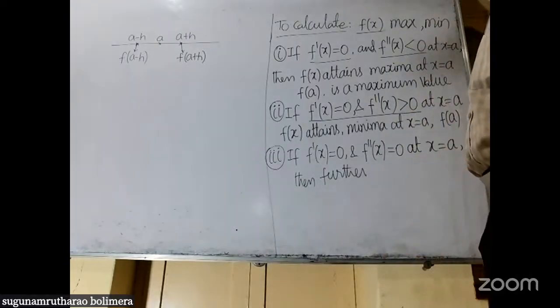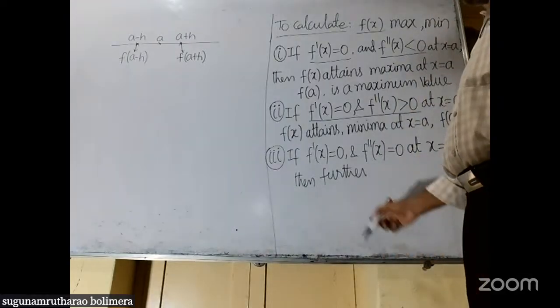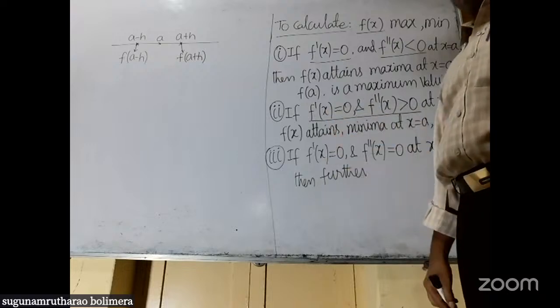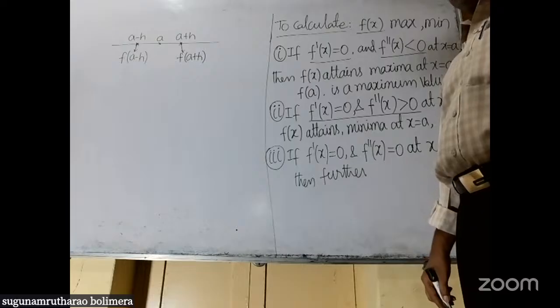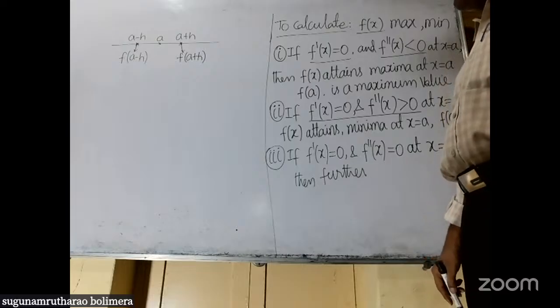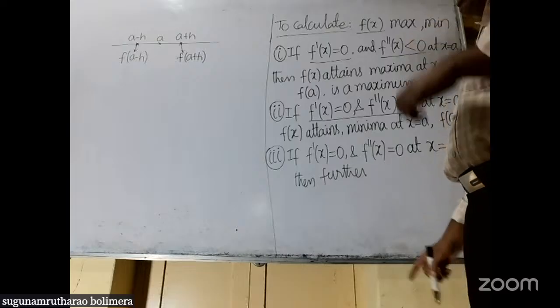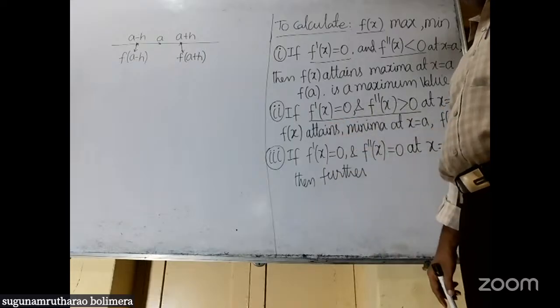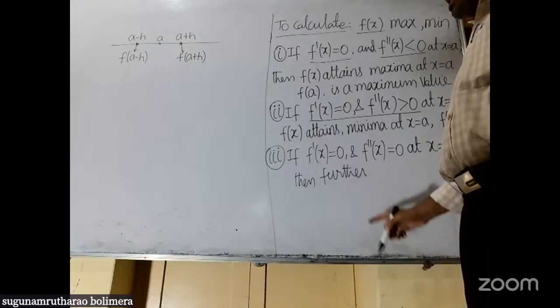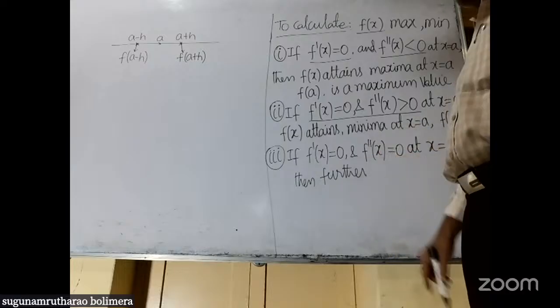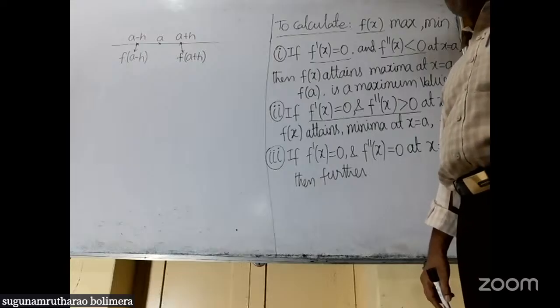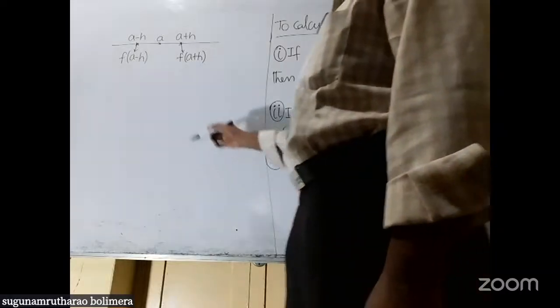See clearly, if the first derivative is already 0, then it may attain either minimum or maximum. Now the second derivative is also becoming 0. Then we have to verify the change of sign of f dash of a.